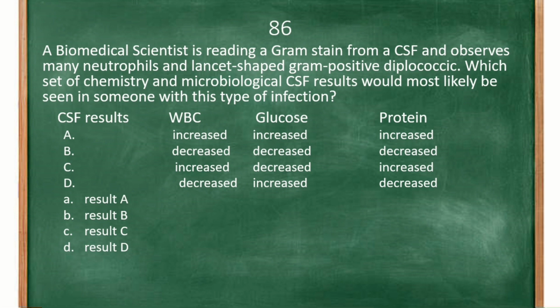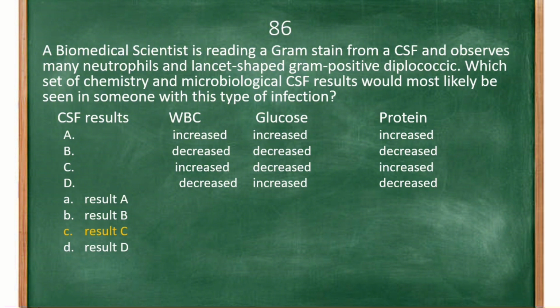So the question is asking which of these is likely. Our answer for this question is C. So we would see an increase in WBC, a decrease in glucose, and an increase in protein.